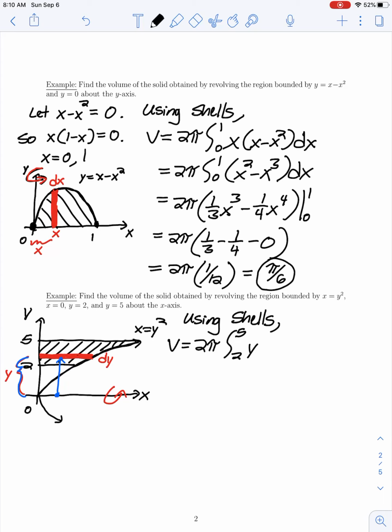And then the height of our cylinder would be given by the length of this slice, this little red strip that we've taken.